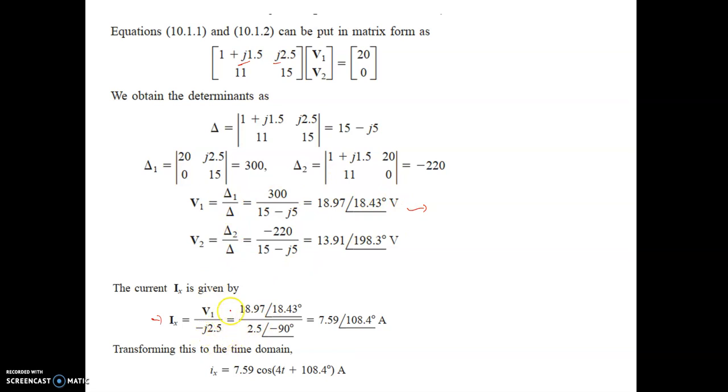In the calculator you can use phasor, and we can use a combination of phasor as well as rectangular form, so proper brackets should be used. Once you convert this Ix into phasor form, you will convert it into the time domain, with this the magnitude and this the phase angle. So 7.59 cos(4t plus 108.4). This is the answer.